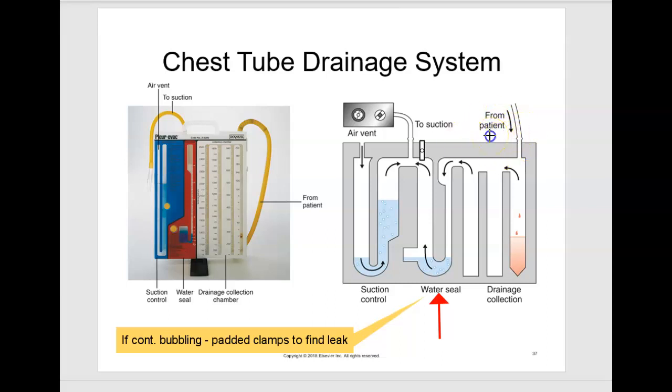So you would start closest to the patient's body and apply the clamp. If the bubbling stops, the air leak may be at the chest tube insertion site or within the chest and would require physician intervention. If the bubbling does not stop, then you could move the padded clamp closer and closer to the drainage system until you can locate what area might have the leak.